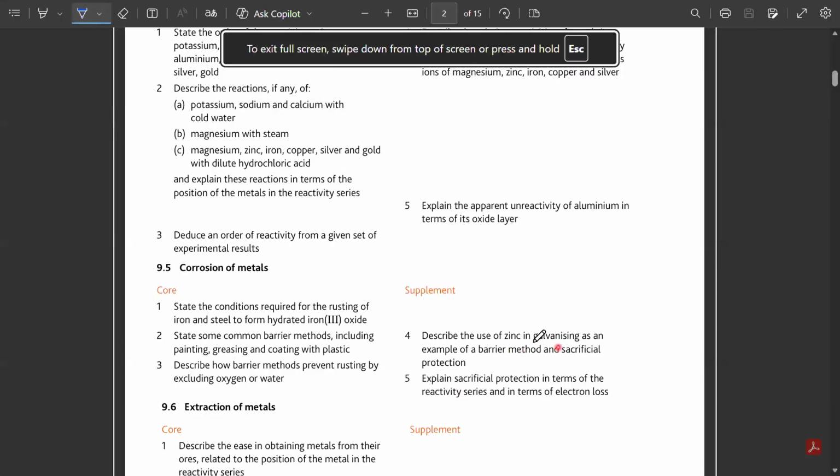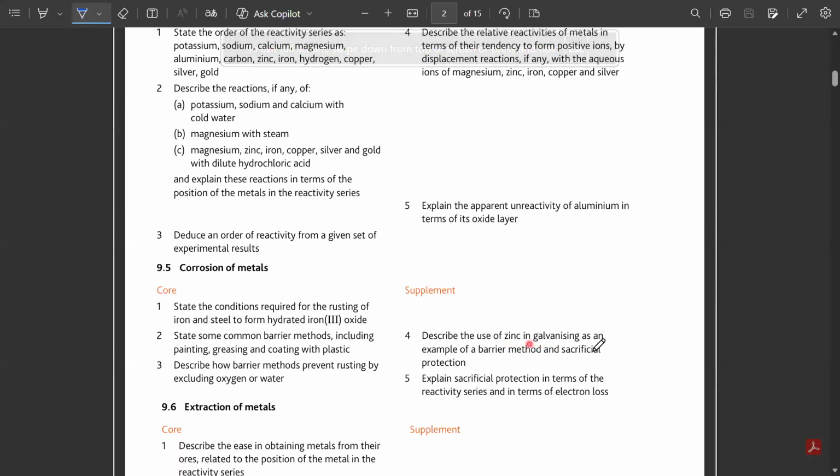One is galvanizing, which is a subtopic of the barrier method, and sacrificial protection. So galvanizing, barrier method, sacrificial protection, they all relate to zinc used in protection.